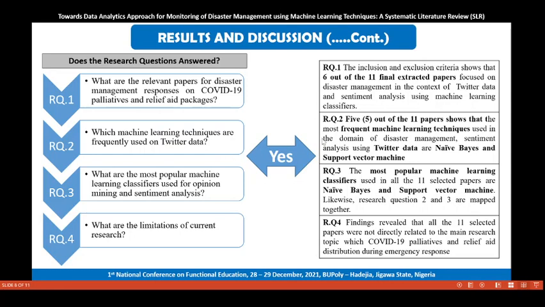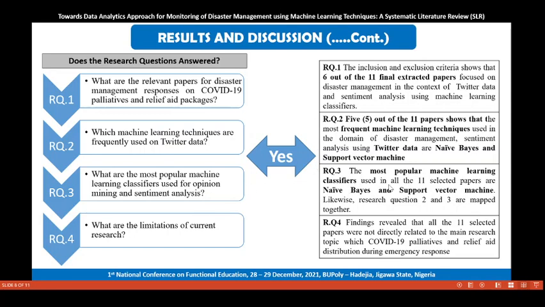Research question number 2, 5 out of the 11 papers show that the most frequent machine learning techniques used in the domain of disaster management, sentiment analysis using Twitter data are naive Bayes and support vector machine. So the research question on machine learning techniques frequently used on Twitter data has been answered from the data that has finally been included in this systematic literature review.